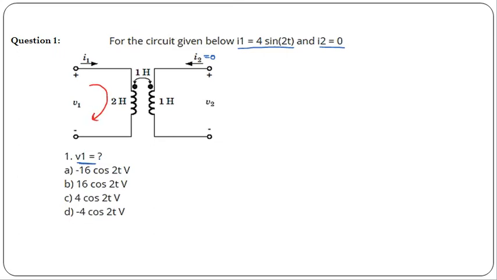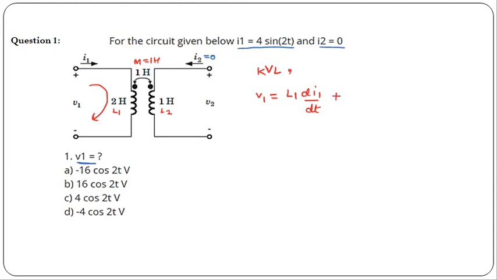Here the primary coil and secondary coil are mutually coupled. The mutual inductance is M, given as 1 Henry. On the primary side, coil L1 is 2 Henry and L2 is 1 Henry. If we apply the KVL at the input loop or primary side, then V1 will be equal to the voltage across this inductive coil, that is L1 into di1 by dt, and also the EMF induced on the primary side because of the current flowing in the secondary side.